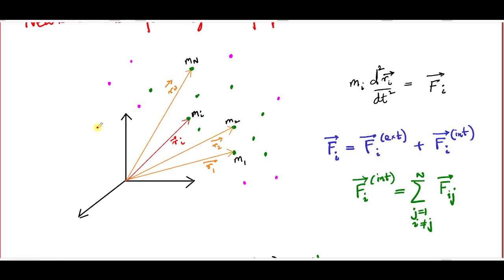Now, what we have shown here is the coordinate frame of reference, the x, y and z axis for an observer O. We are assuming that the observer O is inertial. So Newton's laws can be applied for point particles in this frame.